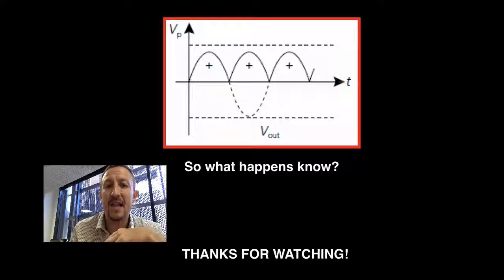Alright, so what happens now? Well, we've now produced a curve which looks similar to the diagram we've got here, where we've got lots and lots of peaks. Those lots and lots of peaks are great, but you'll notice that the voltage is continually dropping down to 0 and then up to a maximum, then down to 0, then up to a maximum.